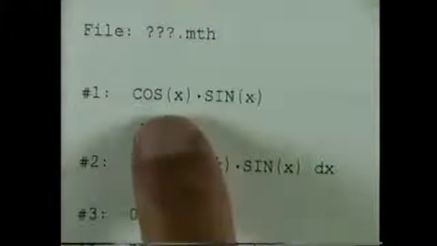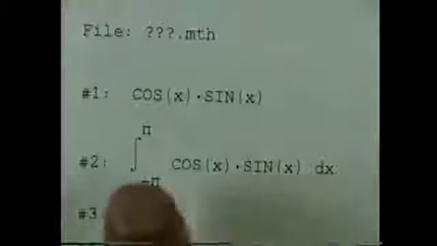Well, of course, we could do these by hand, but I decided to use Derive. So I went to Derive and I authored cosine x times sine x and did the integral and evaluated it and got 0.